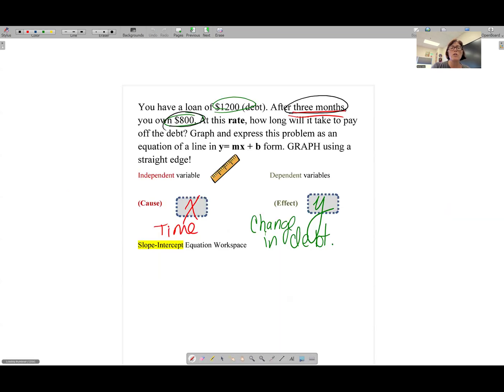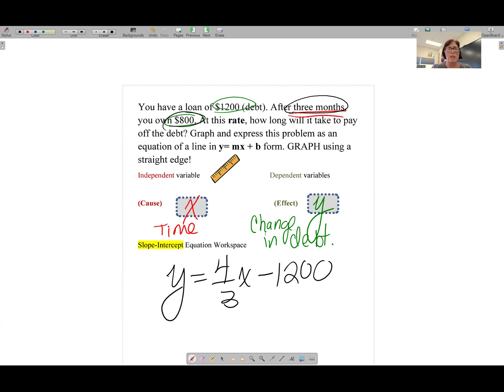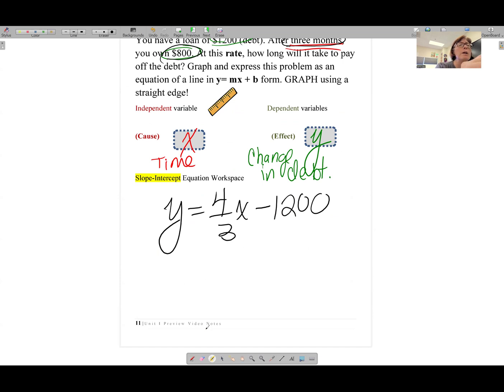So the equation of this line is going to be y equals 4/3 x minus 1,200. And the question is, what is the time? Time would be the x when the money, the debt, becomes 0. So we're asking ourselves, what is the value of x when y becomes 0?